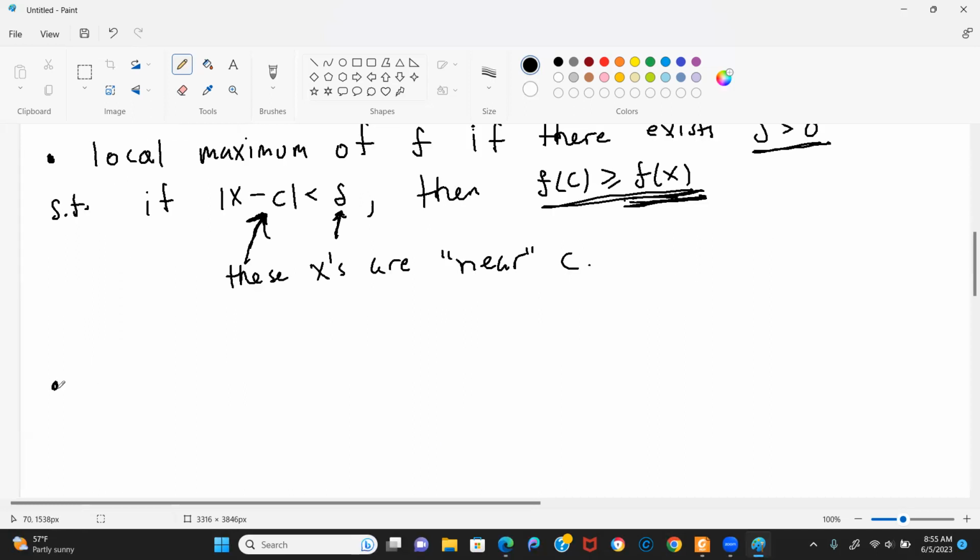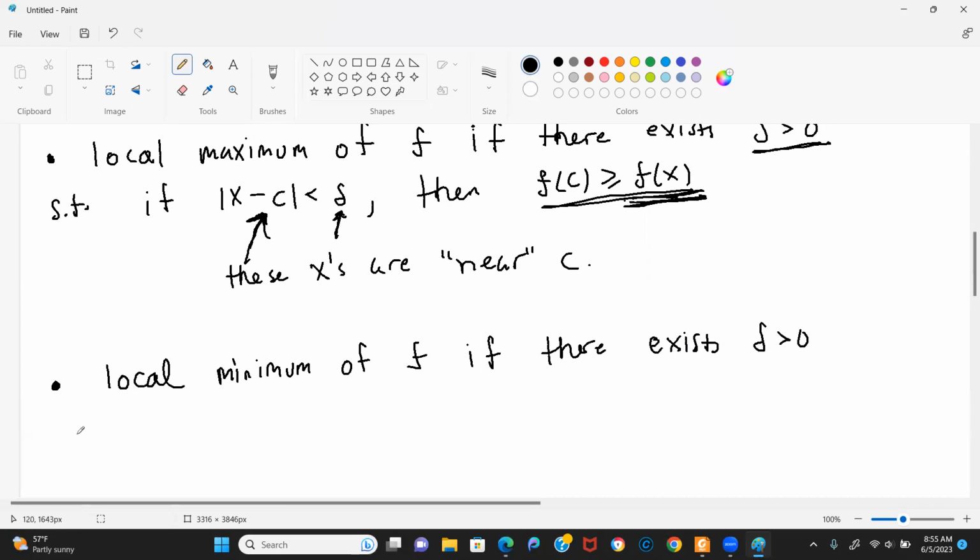And then the local minimum is basically the same thing. So f of c is a local minimum of f if there exists delta bigger than 0, some small distance, such that if the absolute value of x minus c is less than delta, then f of c is less than or equal to f of x.